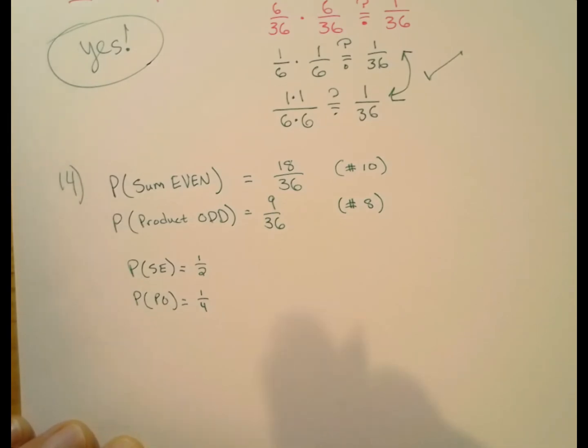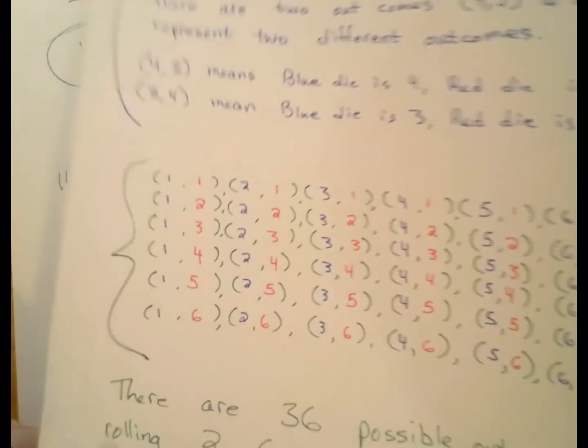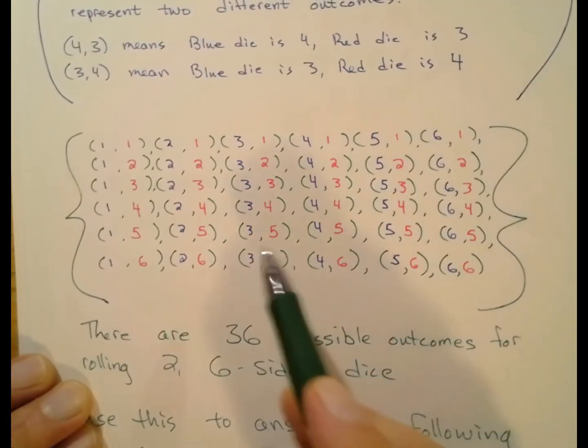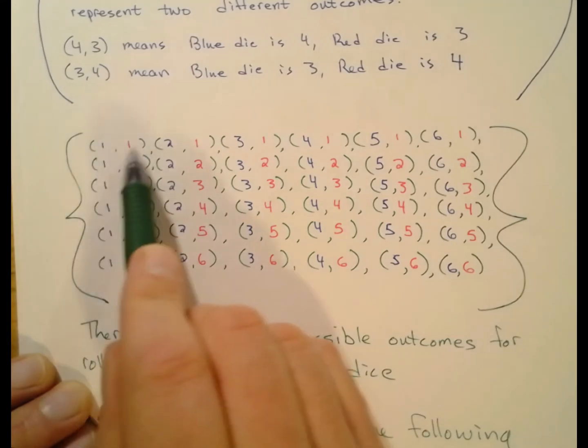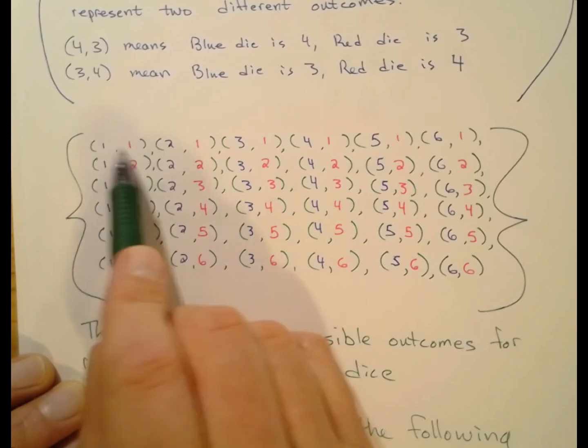And then the probability of the sum is even and the product is odd. So if we go to our sample space and count those, so again, sum even and product odd, we should get 9 of those. Let me just double check. So the sum is even, 1 plus 1. The sum is 2. The product is odd, 1.